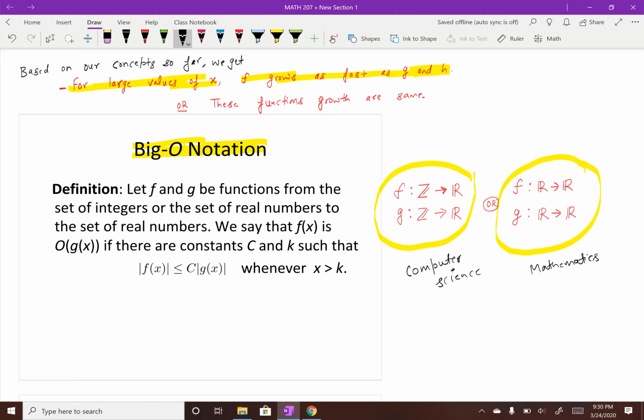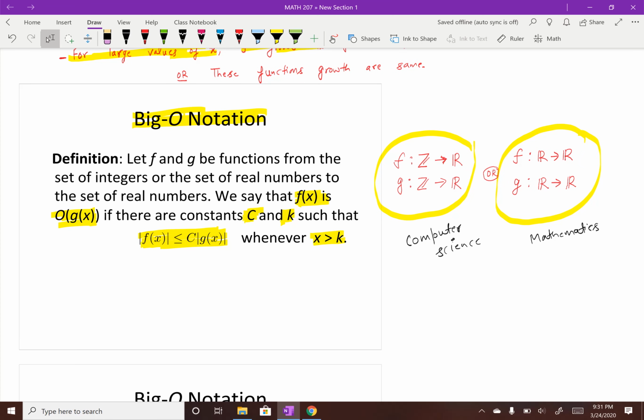So we can define that, if f and g are functions from a set of integers or from a set of real numbers to a set of real numbers, then we say that the function f of x is big O of g of x if there exist two constants c and k such that the absolute value of f of x is less than or equal to c times the absolute value of g of x whenever x is greater than k.